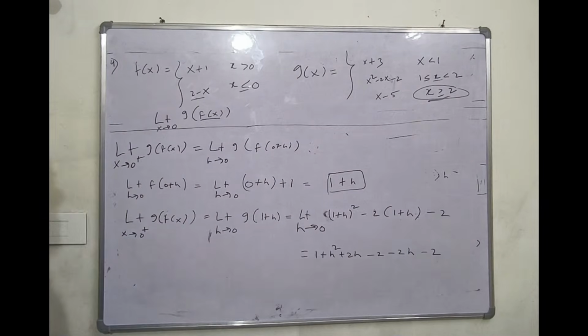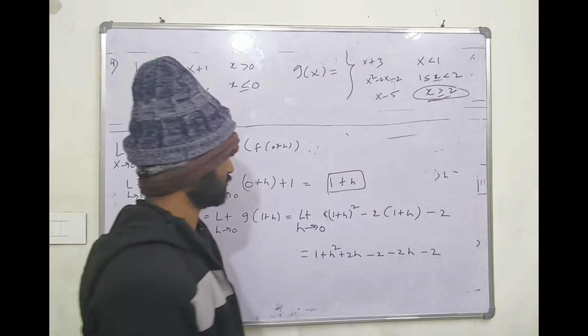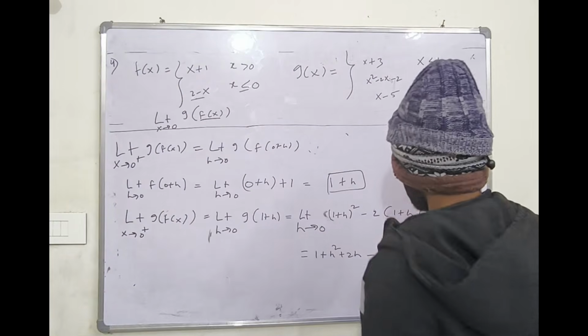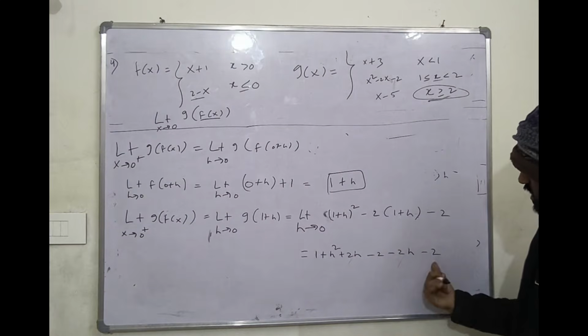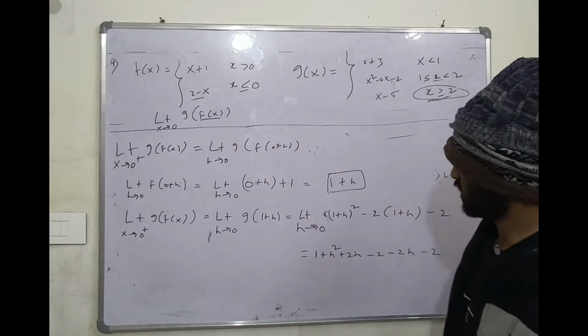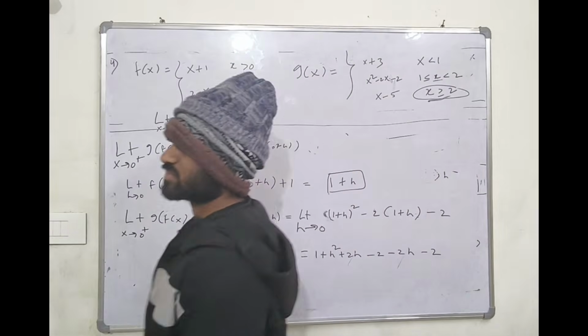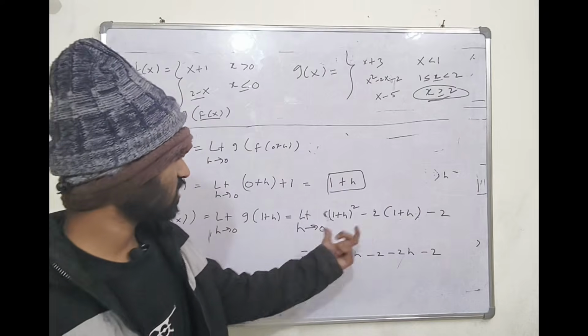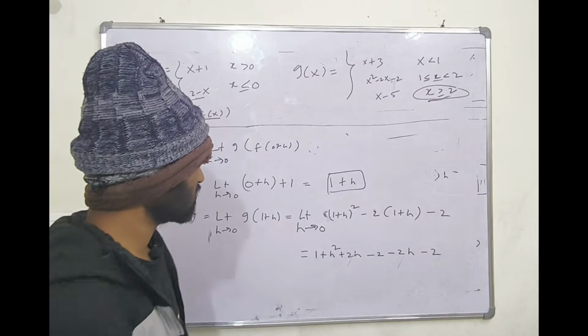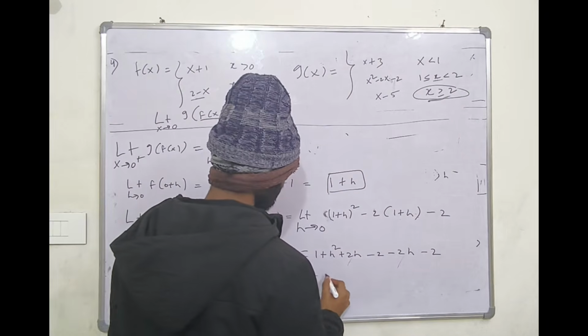Good, nice. Since minus 2h and plus 2h cancel, we get minus 2 plus 1 minus 3, and h is 10 power minus 40 as we said, so h square is 10 power minus 80. It is very small compared to minus 3. So the answer is minus 3.